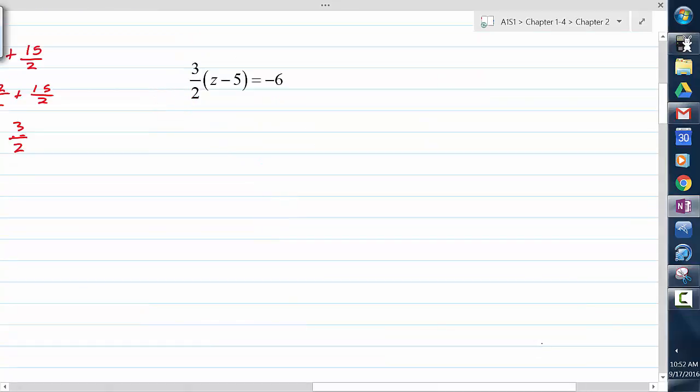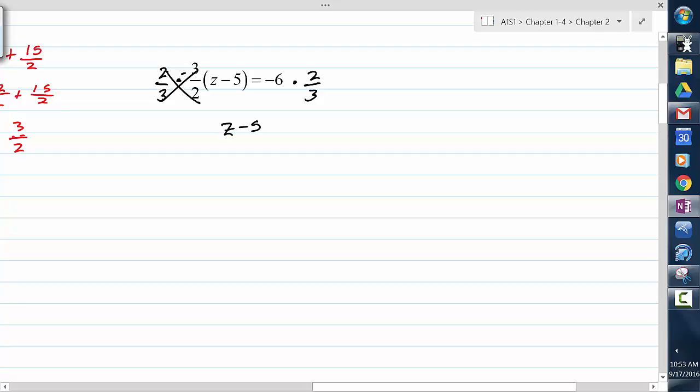If I get it all by itself over here again, with this problem, really I could have gotten rid of the fraction. I don't like fractions in the equation, so I could have just gotten rid of my fraction here. Multiply that by 2 over 3, and then multiply this by 2 over 3. You don't have to multiply everything by 2 over 3 because it's in parentheses and it's being multiplied. If I do that, those fractions cancel out.